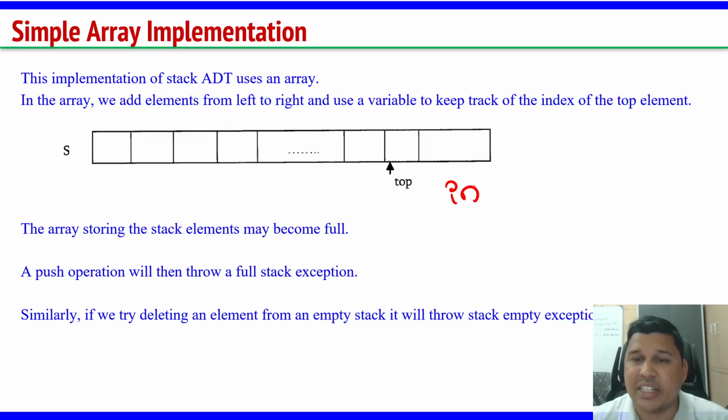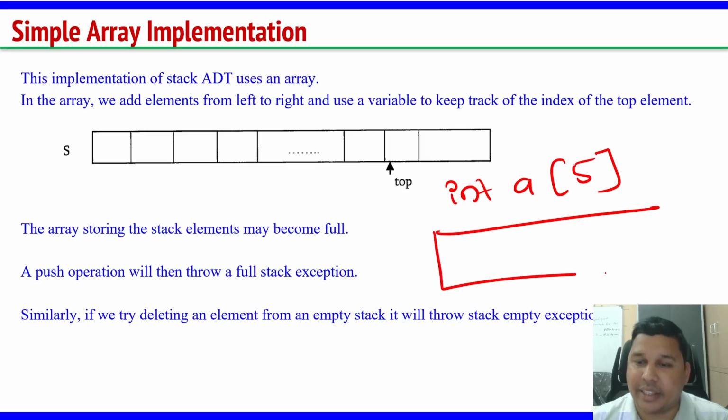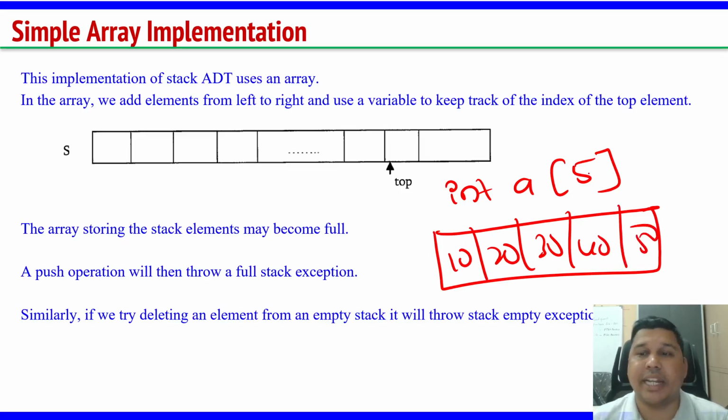If I write int a of 5, it means I am creating an array like this, okay, 10, 20, 30, 40 and 50. I am declaring a variable int a of 5. I can insert elements like this at 0, 1, 2, 3, 4. We can call this a stack. You can assume this as a stack. How?